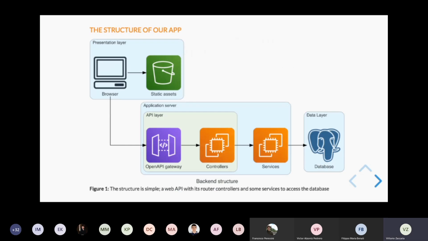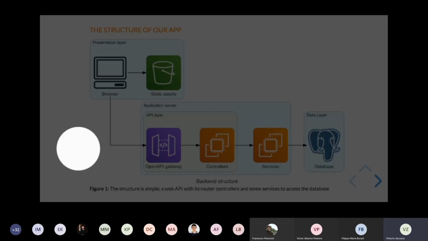Okay, so by recapping, my suggestion, which has been presented in the past 3 lectures and also in this one, is to implement your web application by specifying first of all the API through a standard formalism, that is the Open API.